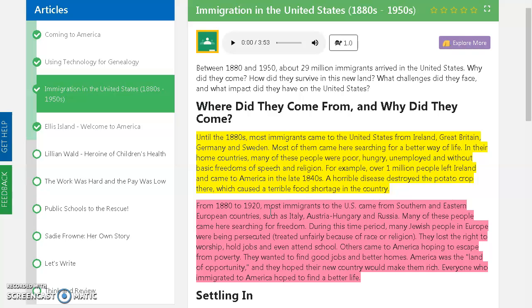In their home countries, many of these people were poor, hungry, unemployed, and without basic freedoms of speech and religion. So both of these paragraphs under where did they come from and why did they come talk about how in their home country they were poor, hungry, unemployed, and did not have freedom of speech. So they came to the United States to get a better life.